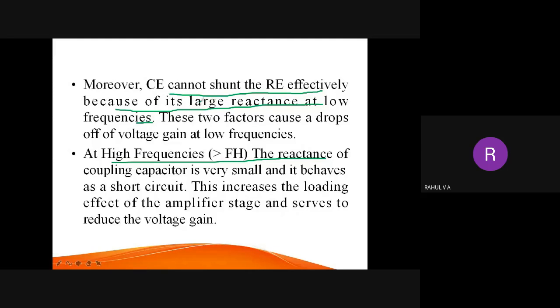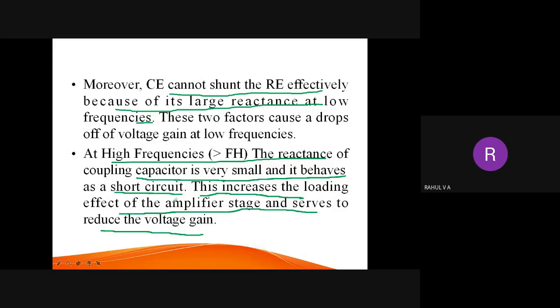But again, at high frequency, what happens is reactance of the capacitor is very small and it behaves like a short circuit, so that current will flow from VCC to the input. That is, this increases the loading effect of the amplifier stage and serves to reduce the voltage gain. What happens actually is the current flows from VCC to the input.